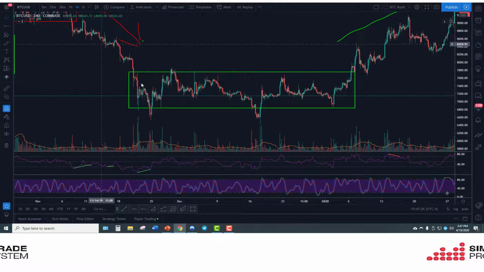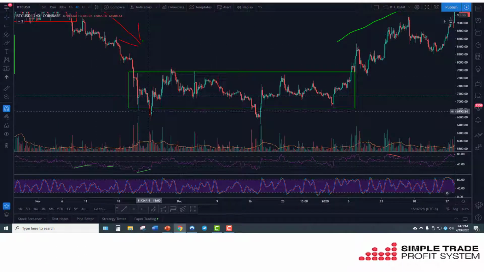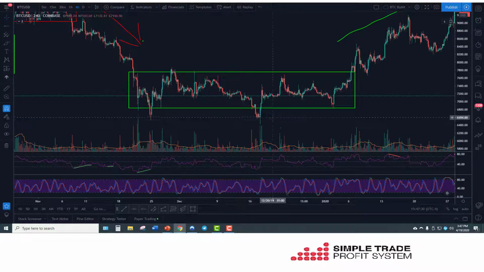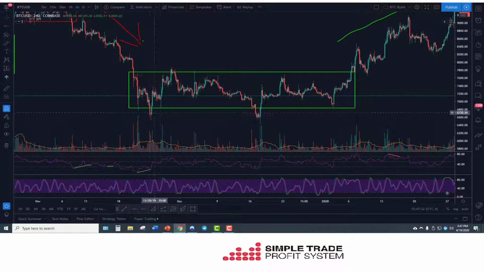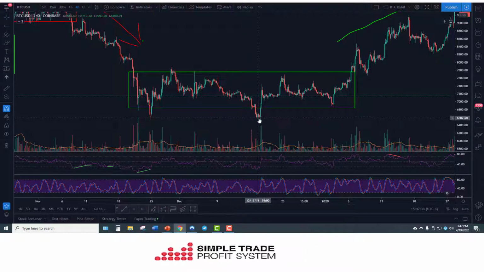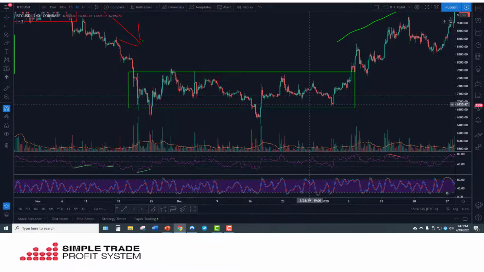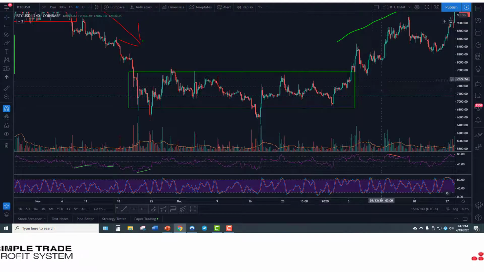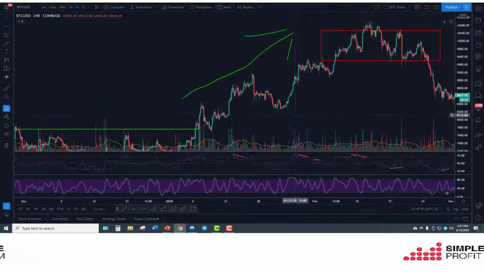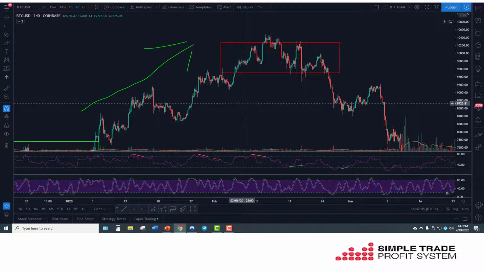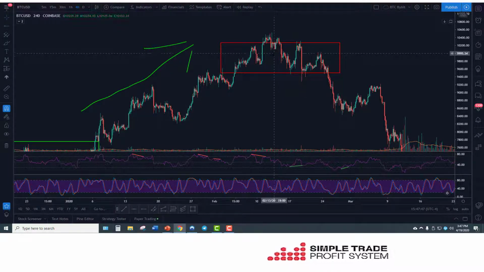And we started a new accumulation phase. Broke out here, broke out here. A lot of sellers probably tried to come in, thought we were going to continue down. Boom, their stop losses were hit. Traded in this range, went sideways for a while before then starting our uptrend. And this is back in February now.